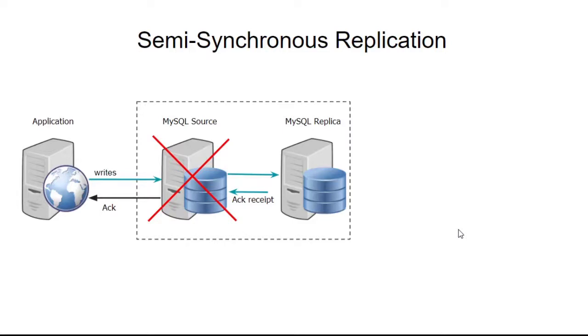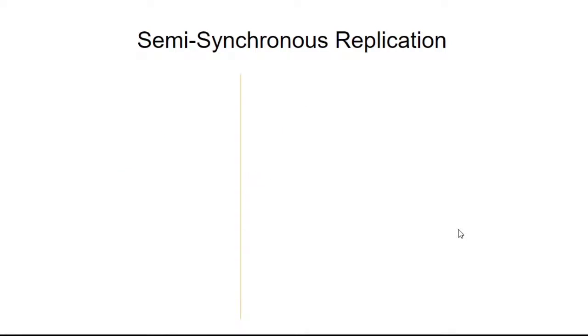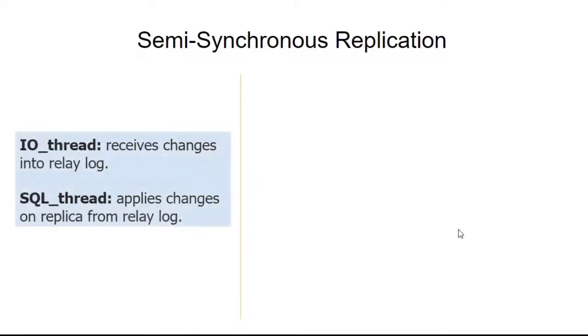There is an important caveat to this, though. The source only waits for the replica to acknowledge receipt of the change rather than the changes having been applied on that replica. To explain that, let's remember that handling replication is two separate processes on the replica. The I/O thread handles receiving changes from the source and storing them in a relay log to be applied later.